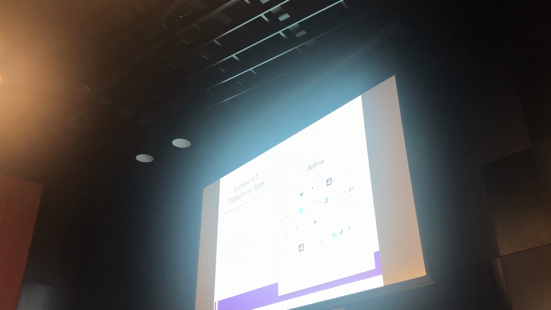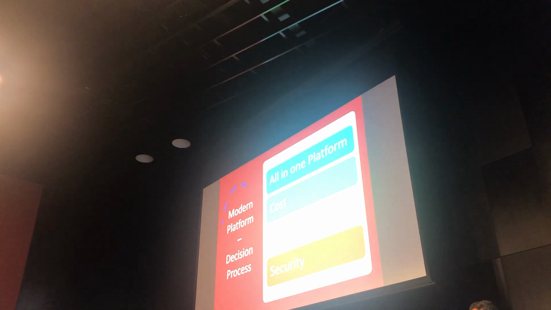And to address the future needs and the limited capabilities we have in the existing backend platform, we did some evaluation of how we can build a better AWS platform for our IoT ecosystem. And the decisions we made are based on the research we did.